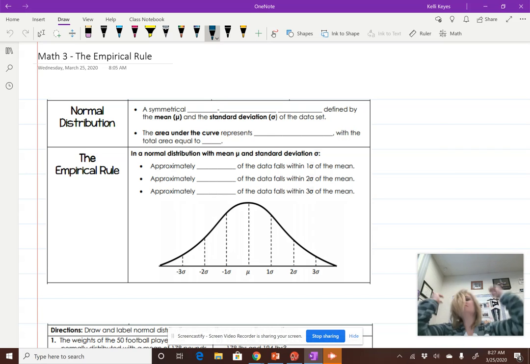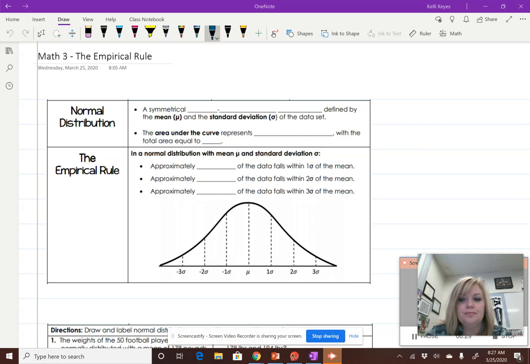But anyway, good morning. I am going to teach you guys about one of my favorite things ever, and that is the normal distribution or the normal curve. Hopefully the previous 2 assignments that you've done, where you're probably like, what in the heck? I don't even know any of this. What is she asking?